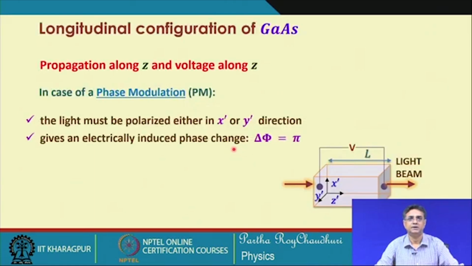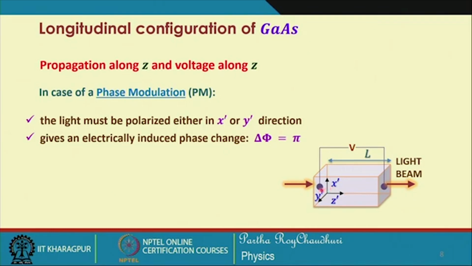So, let us look at this configuration, where we will be launching light along x prime or y prime, and light will be propagating along z direction, which is z prime, because z and z prime are the same. The crystal undergoes a rotation of the principal axis system about z, so z and z prime remain the same.